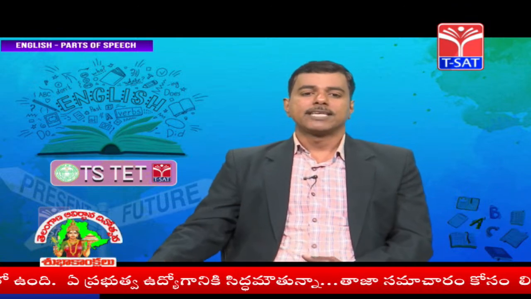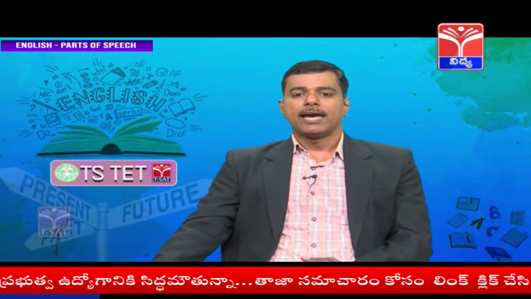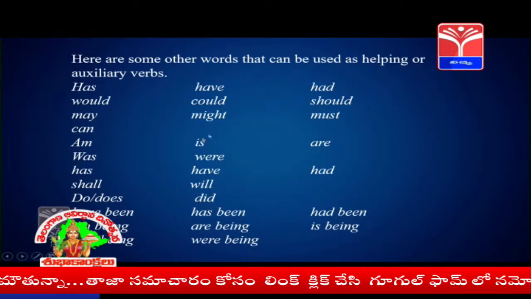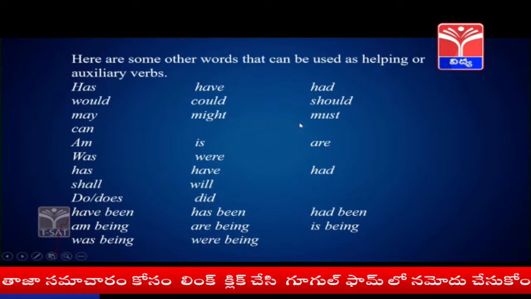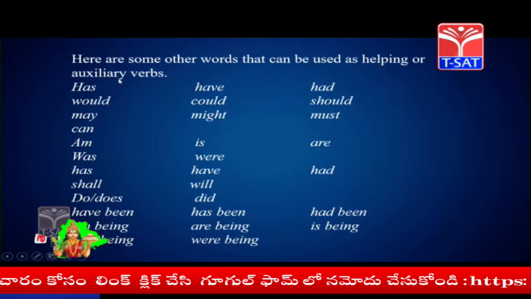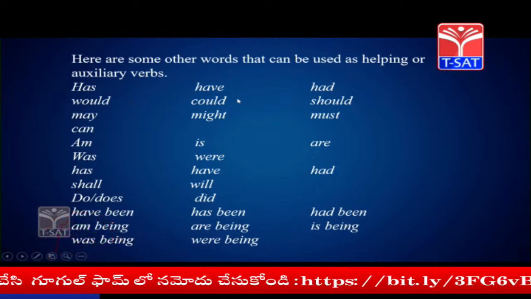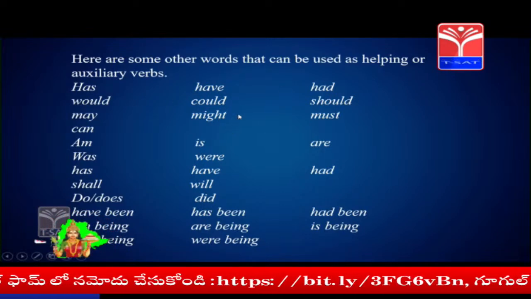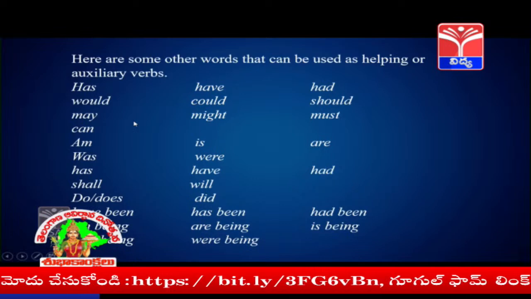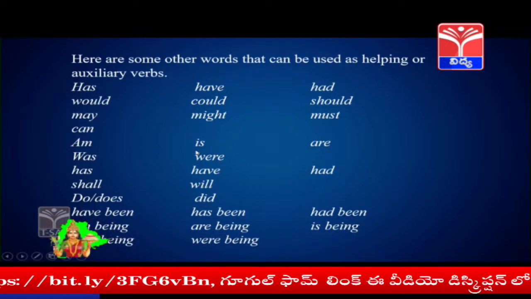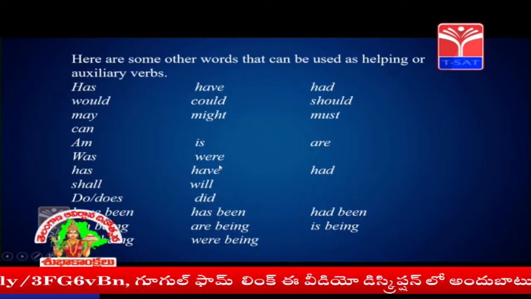Words that can be used as helping or auxiliary verbs: has, have, had, would, could, should, may, might, must. This is another category of verbs, considered auxiliary verbs or helping verbs. Has, have, had, would, could, should, may, might, must, can, am, is, are, was, were.